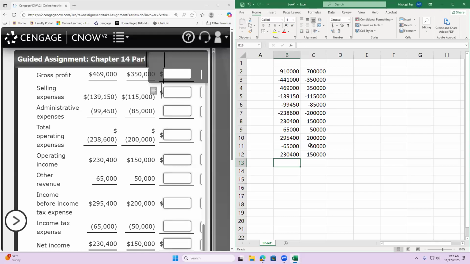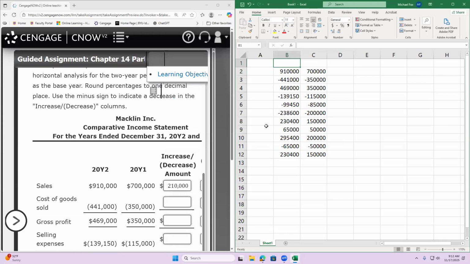All right. If I want to, I can label them too, but I'm just trying to be quick and make it easy. So to find the amount of increase or decrease, right? So since this is the year 2022 and this is 2021, we're going to subtract the older year from the newer year. So I'm just going to say this column is 2022's amount minus 2021's amount.